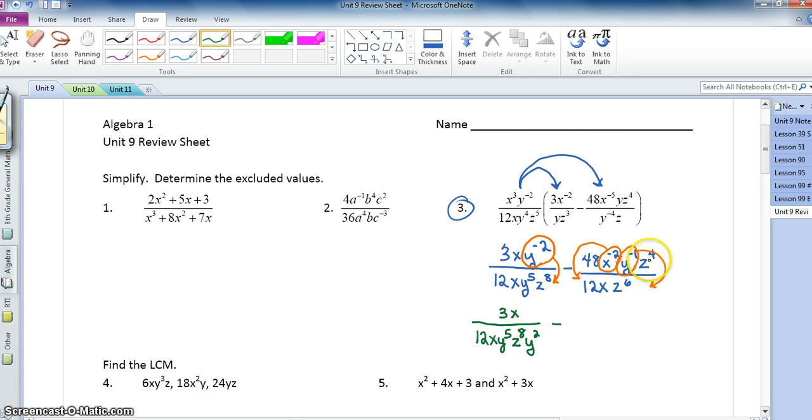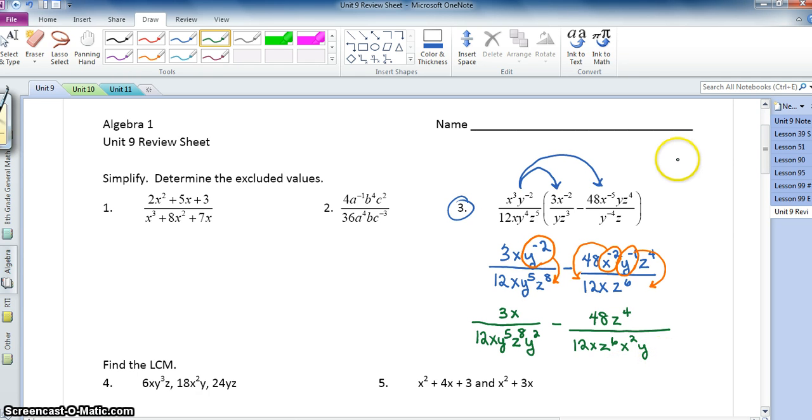The 48 and the z to the fourth are going to stay upstairs. 12 is downstairs. X z to the 6 is downstairs, and I'm moving the x to the negative second, which becomes an x squared, and y to the negative first, which becomes a y.